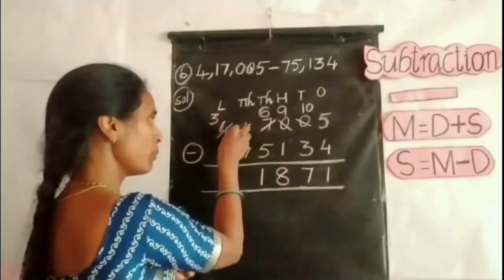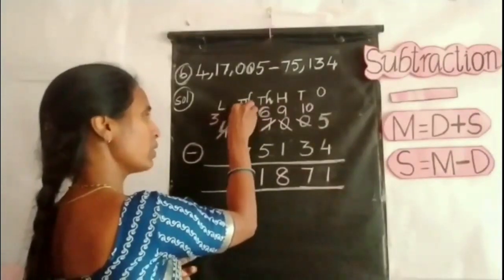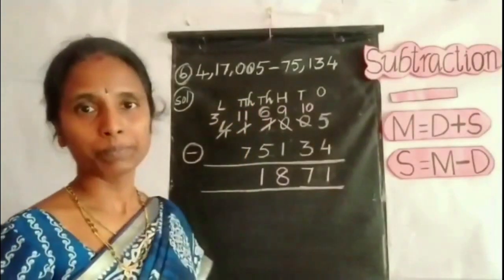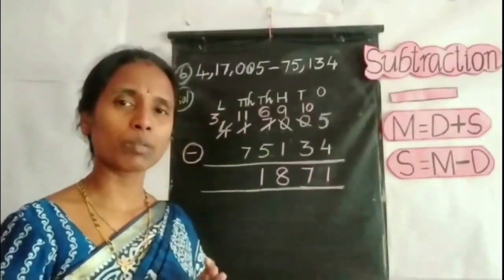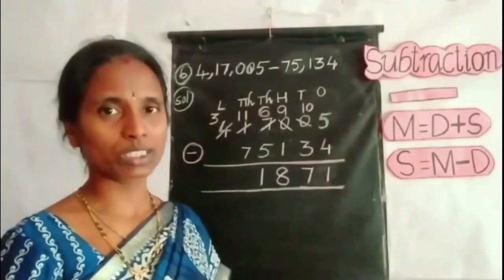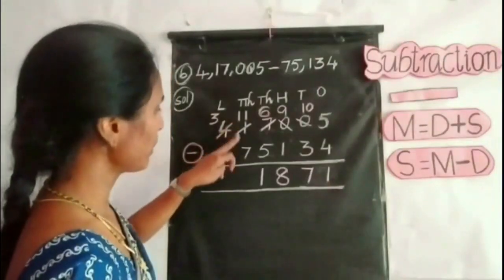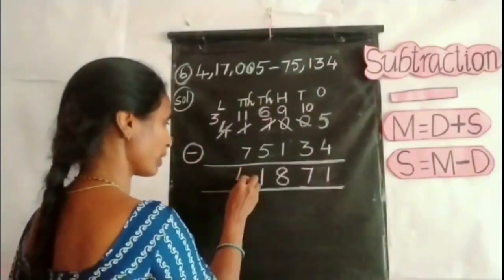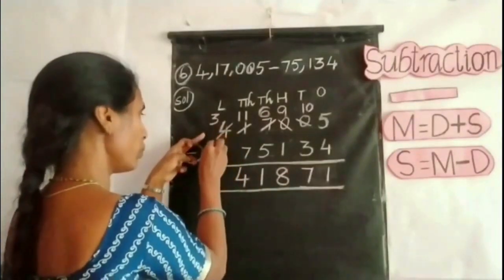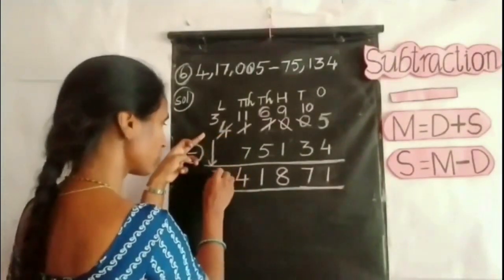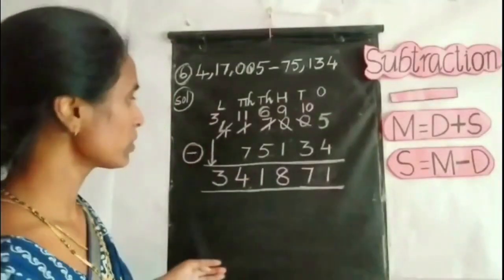So here 1 will become 11. Yes or no, children? 1 lakh means nothing but 10 thousands. So here 11 minus 7, 4. Okay, 3 here. The subtrahend is not there, so we can write 3 directly. What is the difference, children?